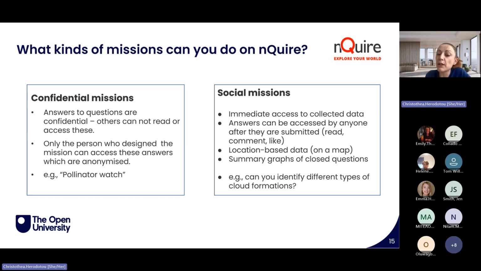The first thing is that you can see the data on a map, so you can see where responses are coming from in terms of location. Also, you can get summary graphs of closed questions. So, for example, if you have a multiple choice question with 5 options, you can see which is the most popular because you can get a graph about the specific question. And again, I will give you an example of a mission to see what this looks like.